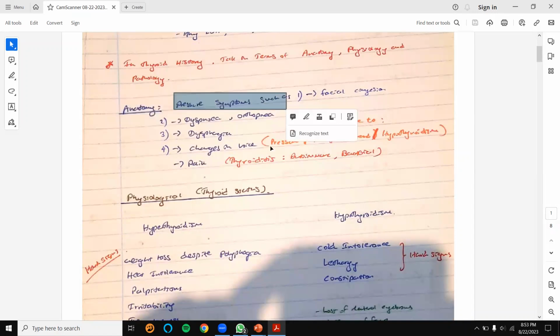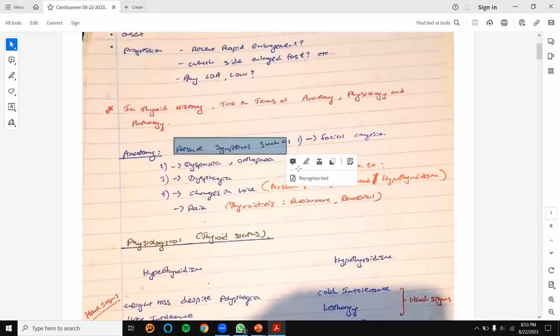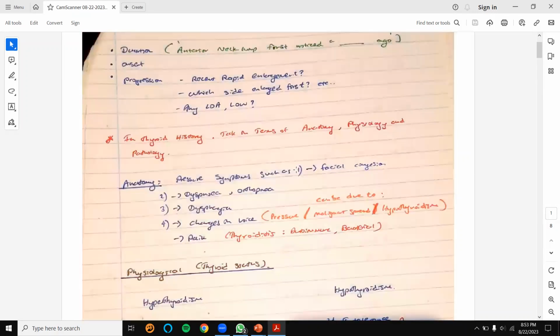There can be facial congestion when there's impairment of venous drainage. Pressure symptoms to the trachea can cause dyspnea and orthopnea. If there's pressure or invasion of the esophagus, there can be dysphagia. And there can be changes in the voice. These are what we ask for the anatomical symptoms.